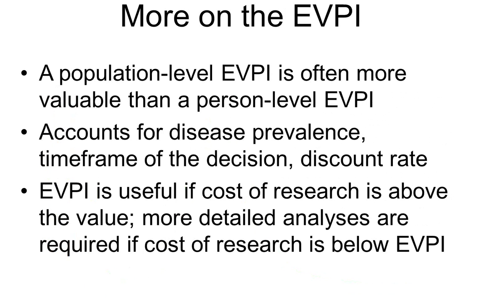So EVPI is useful if the cost of research is above this value. So in other words, if that's how much we're willing to pay for perfect information and research costs even more for that, then it wouldn't be worthwhile to do the research. We should just go ahead and adopt the intervention. But more detailed analyses like the expected value of sample information or partial sample information are required if the cost of research is below the EVPI.